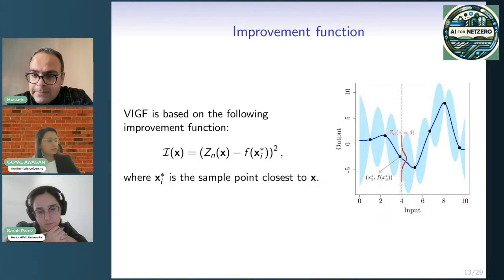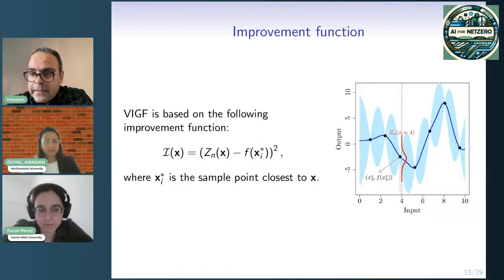Maybe this is not clear, but please have a look at this picture. We have a Gaussian process. This is our predictive mean with the associated uncertainty as the shaded area. At, let's say, x equal to 4, we have a normal distribution because it's a Gaussian process.